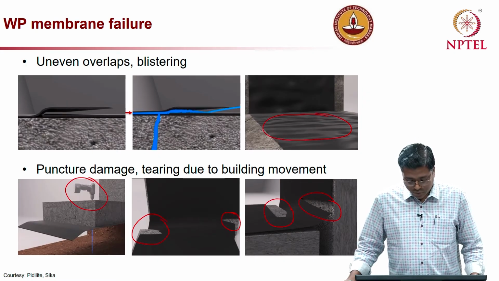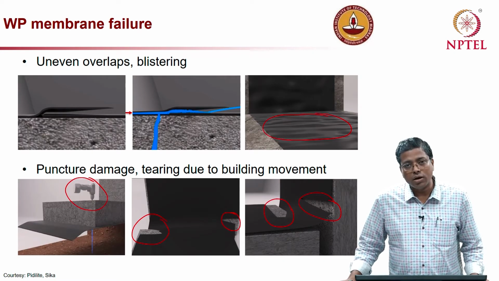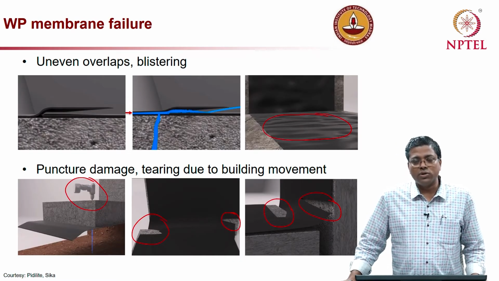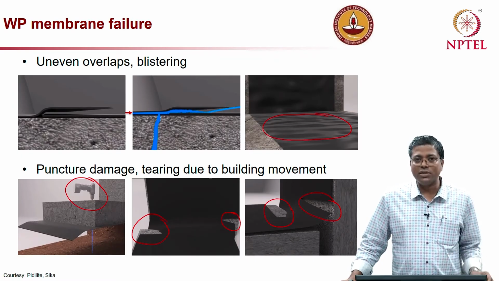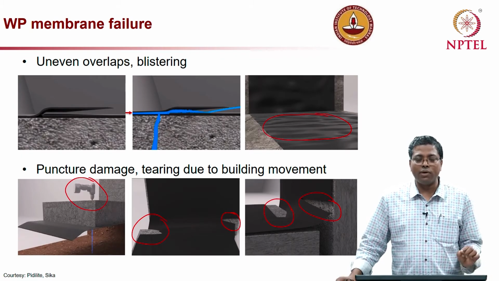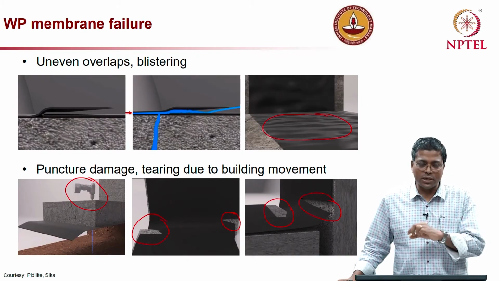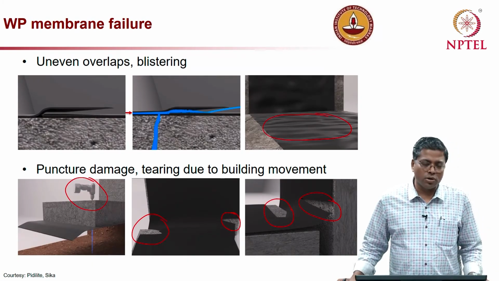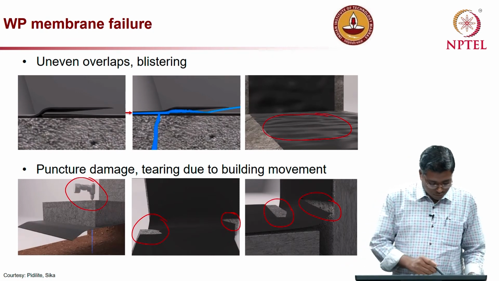Such membranes are also good, but you have to see whether we need to spend a lot of money on such materials or systems, or whether we can have such materials just at the joints alone, so that you can optimize the cost of the repair work.